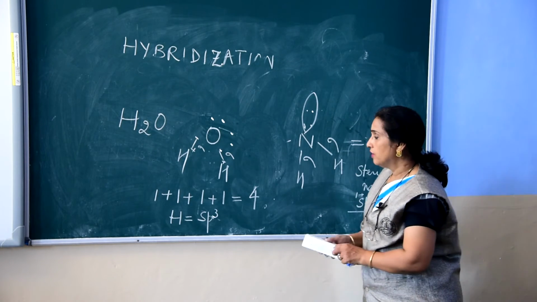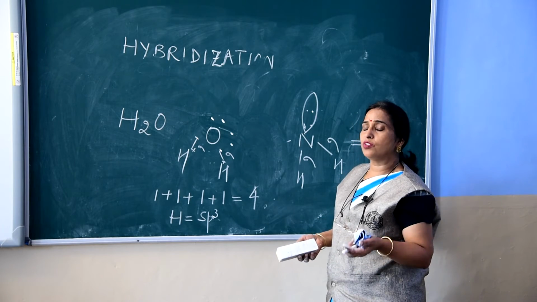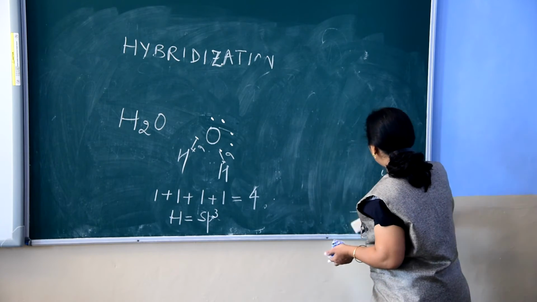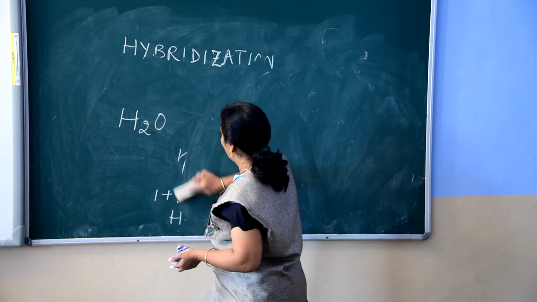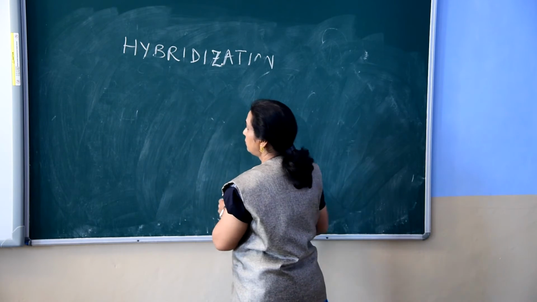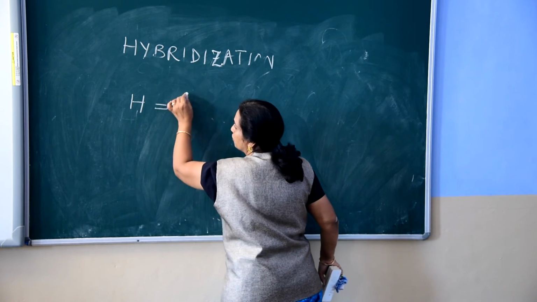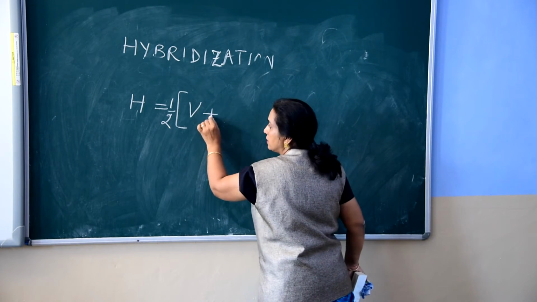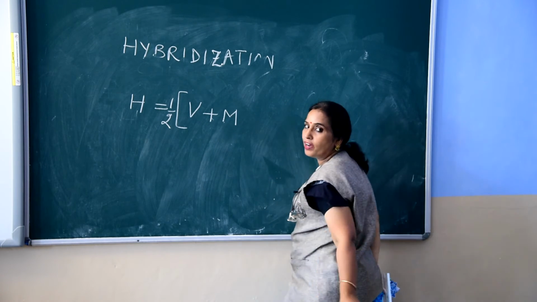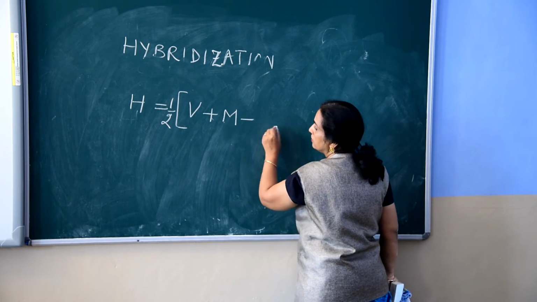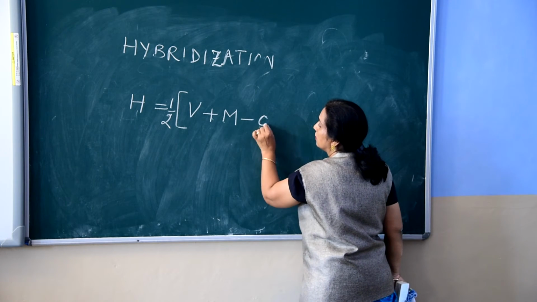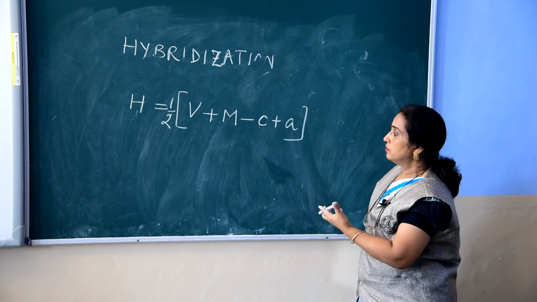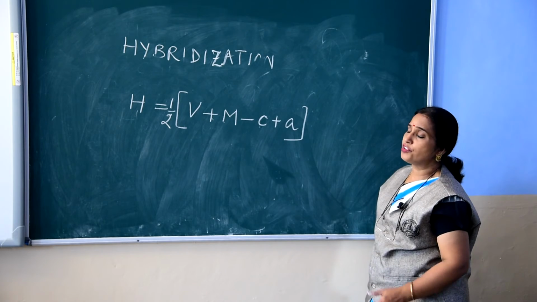We can calculate the hybridization of many compounds or ions by using another formula which we require for competitive examinations. We can use the formula: hybridization H is equal to half the number of valence electrons plus the number of monovalent atoms attached minus the number of cations plus the number of anions present on that compound or substance, whichever is given to us.